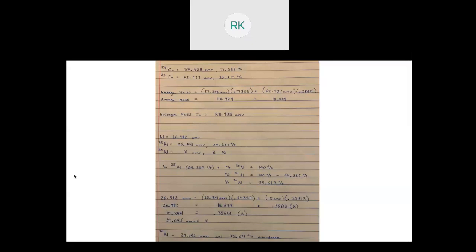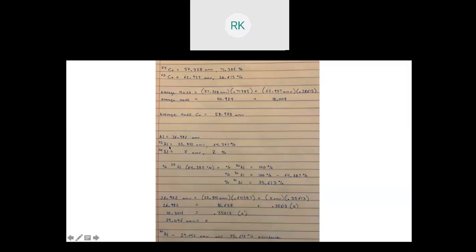Again, I try to summarize the information. So we know aluminum as a whole, when we take into account all the isotopes, has an atomic mass of 26.982 atomic mass units. Now I'm just going to list the information for each isotope.